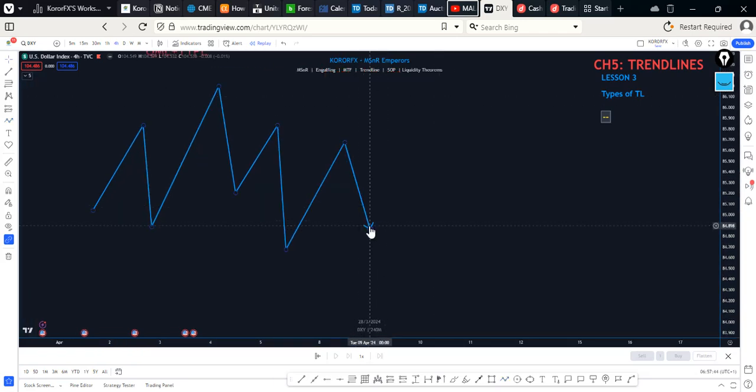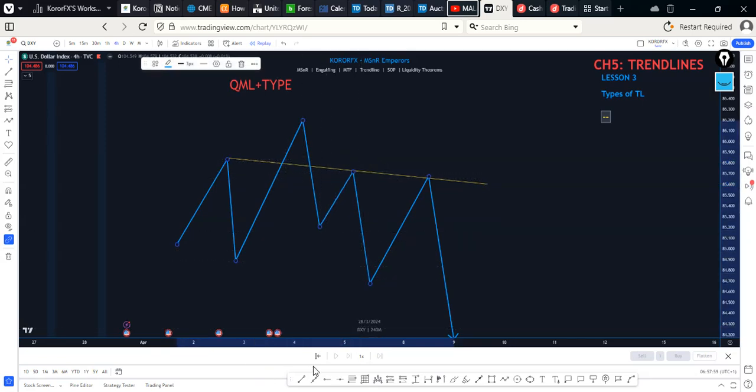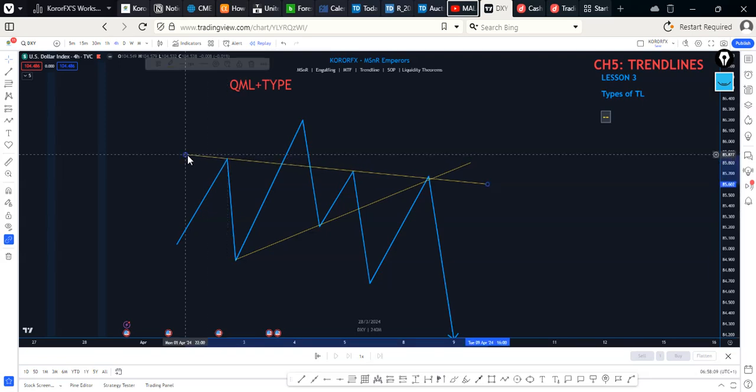So there are 2 trend lines that meet here right now. I will show you how they meet. For example, we got a QM, right? There is a price moving this way, and then there is another trend line moving this way. So trend line type 2 plus QML. That's how the QML really looks.